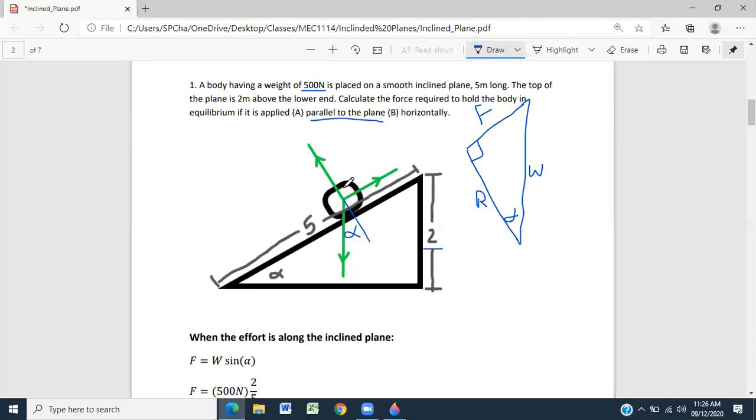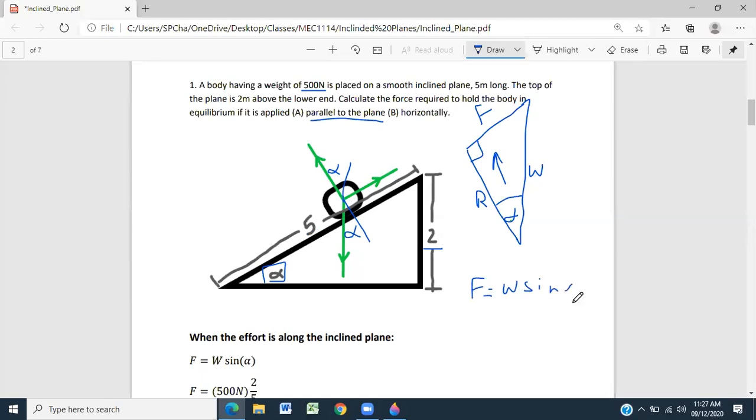And this angle here is also alpha, which is the same alpha here. So we can say that opposite over hypotenuse, F is equal to W sine of alpha.